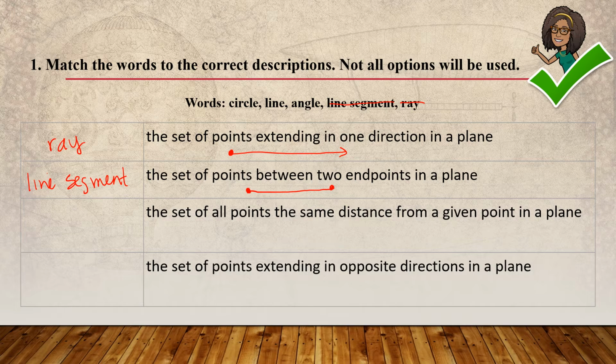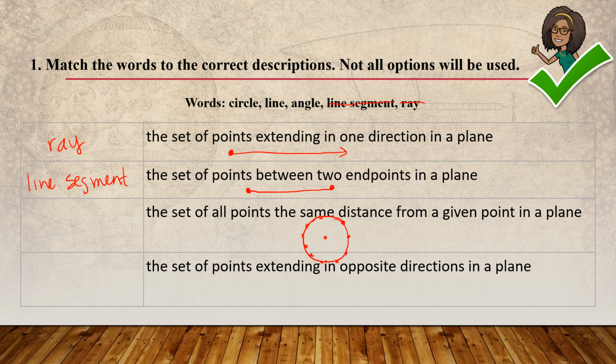The third definition is the set of all points that are the same distance from one given point in the plane. So we have a point here, and all these points with the same distance from that one point. That point would be the center, and these points are equally distant from the center.